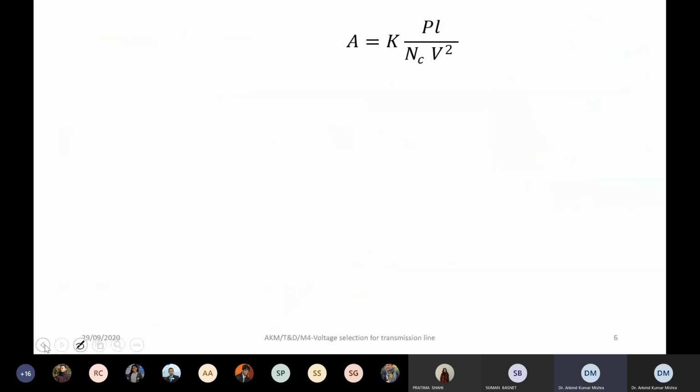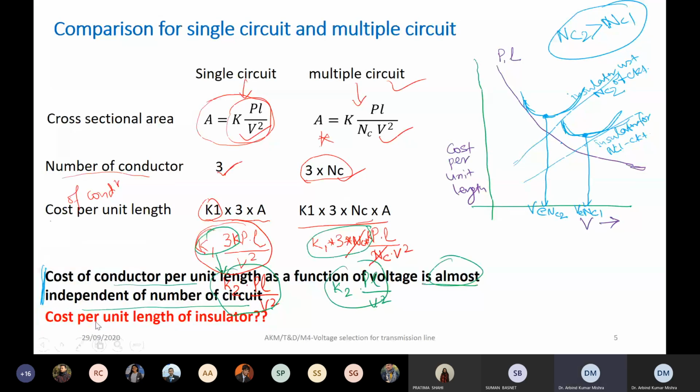What I have told you is that the cost of conductor per unit length is independent of the variation in the voltage. But this is the conductor cost at the economical voltage. So what does it mean?